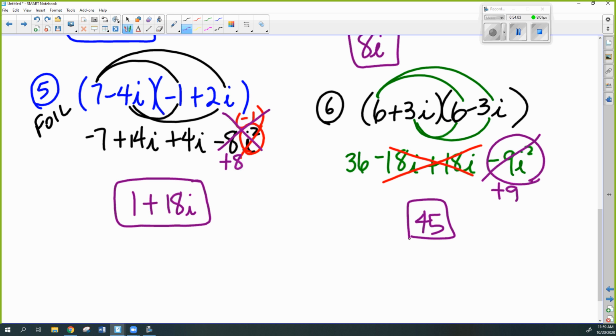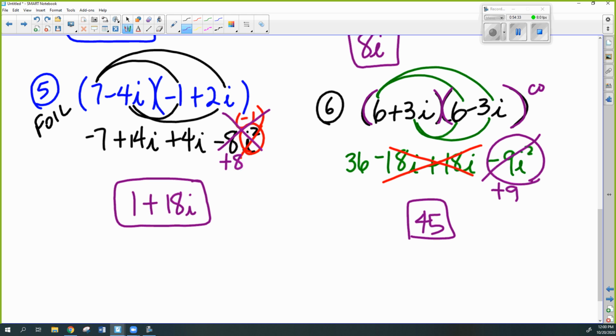And there's a reason that happened, okay? Do you remember in our homework that we went over earlier, when there was a square root in the bottom, we multiplied by the conjugate and the square root disappeared? Well, if you look at these two binomials, they're actually the same binomial, but one's a plus and one's a minus.